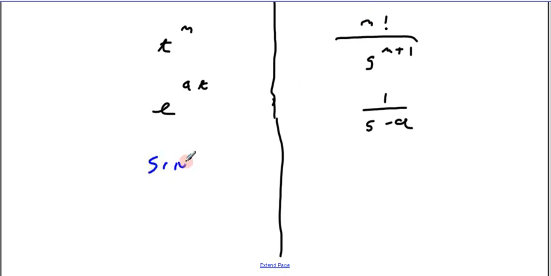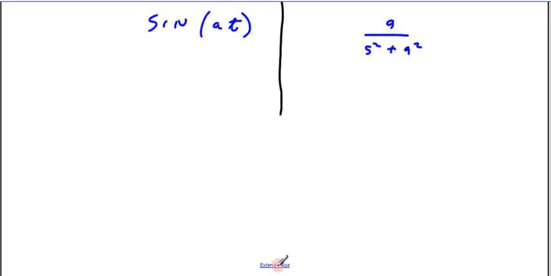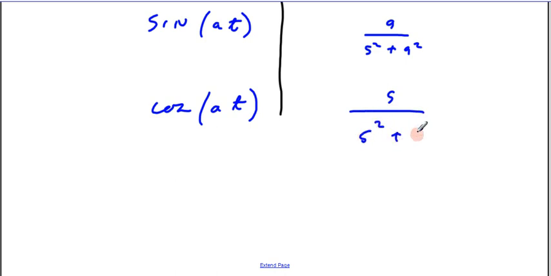Sine at is a over s squared plus a squared. Cosine at is going to be s over s squared plus a squared. And several more in that table.